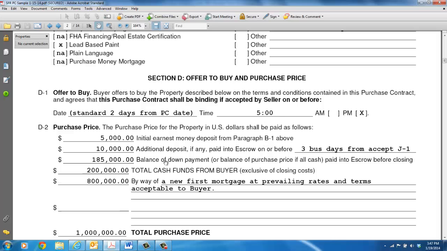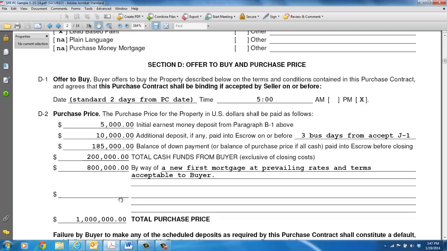Okay, so now we talk about the total cash funds. So you've got $200,000 total cash funds from the buyer. That would obviously all be in escrow by the time they go in to sign their closing papers. And then the balance of the cash funds from the purchase price is where they're going to get the rest of the money. So obviously this is subject to a mortgage.